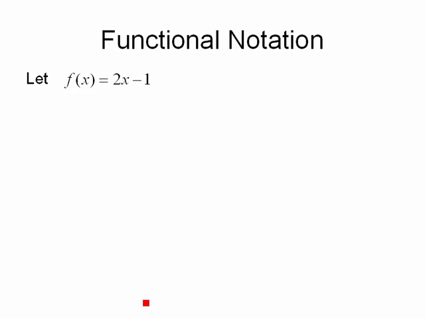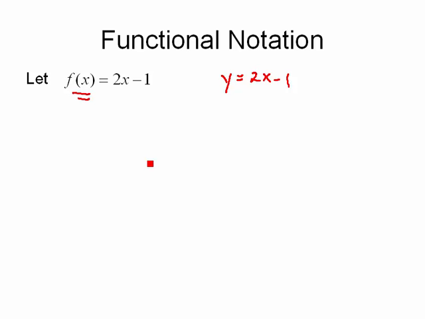So now let's look at one that is probably more like what you're used to seeing before. I've been trying to give you things that are a little bit unusual so you get this idea that a function is a particular kind of relationship between inputs and outputs. So now I'm going to go ahead and give you what you're used to working with. This might start out as y equals 2x minus 1, but when I want to write it as a function, I replace the y with f of x.